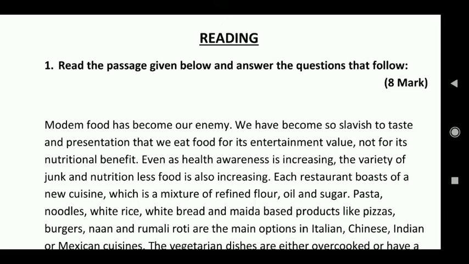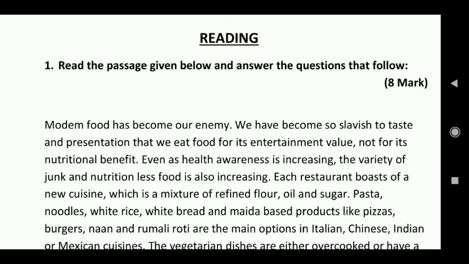Modern food has become our enemy. We have become so slavish to taste and presentation that we eat food for its entertainment value, not for its nutritional benefit. Even as health awareness is increasing, the variety of junk and nutritionless food is also increasing.